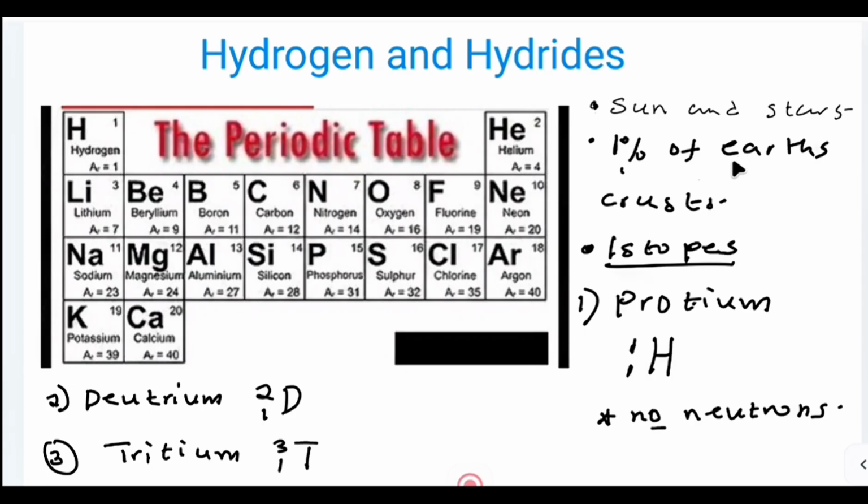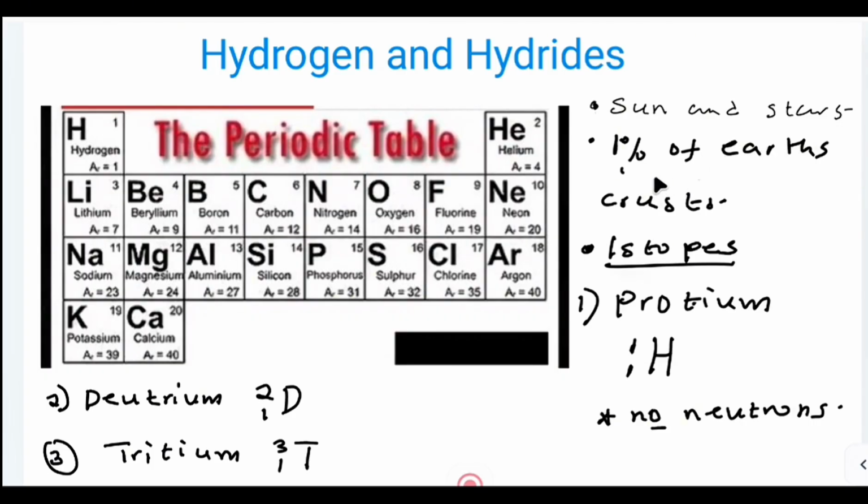So hydrogen is one of the most important elements for life on Earth because it makes up the sun and stars, which we need for energy and photosynthesis. Building blocks of life, such as amino acids and carbohydrates, also contain hydrogen.